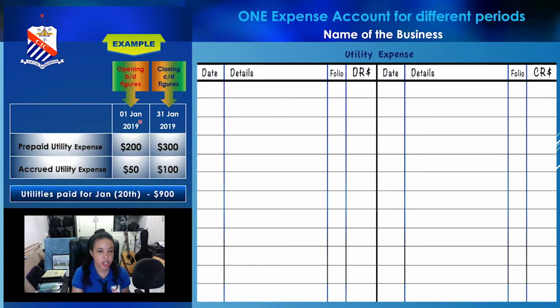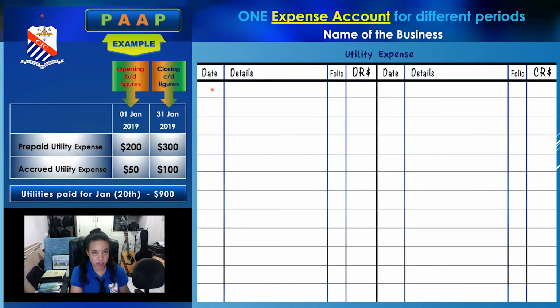Cool. So remember our little way of remembering, since it's an expense account, we're going to use our PAAP. P for prepaid, A for accrued, remembering that the first P and A would be our opening balances, and the second A and P would be our closing balances.